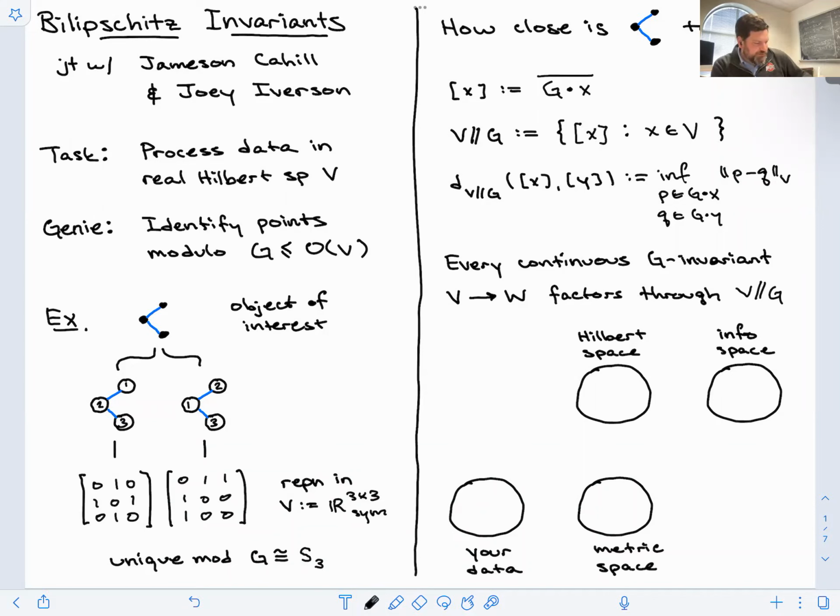So our task, I'll remind you, is to take points from our data set and do some sort of data processing. We want to somehow go to information space. A member of information space will tell us a clustering that we're interested in, or maybe a classification label that we're trying to identify.